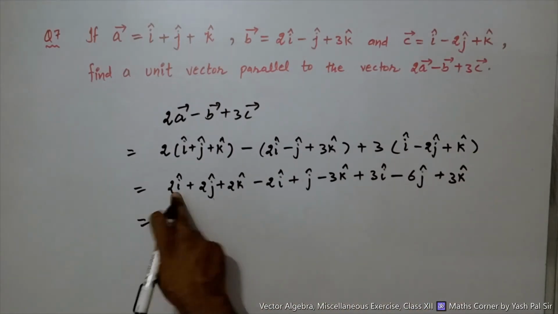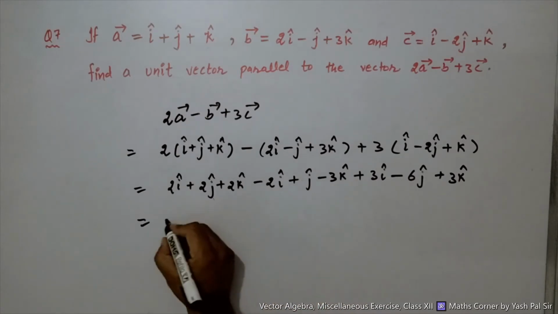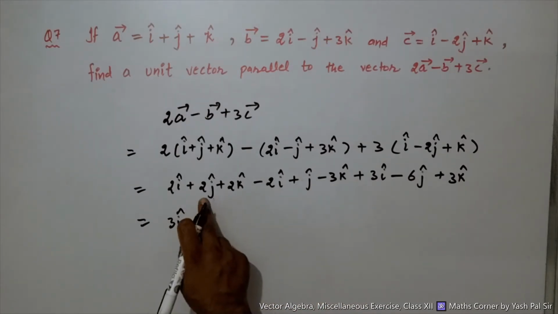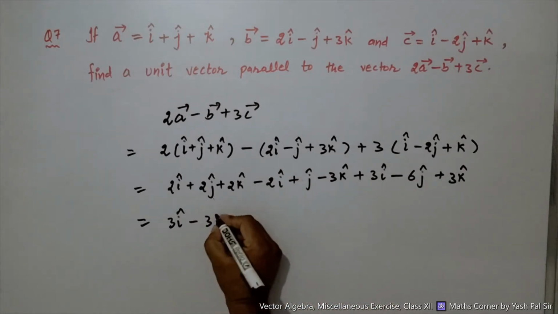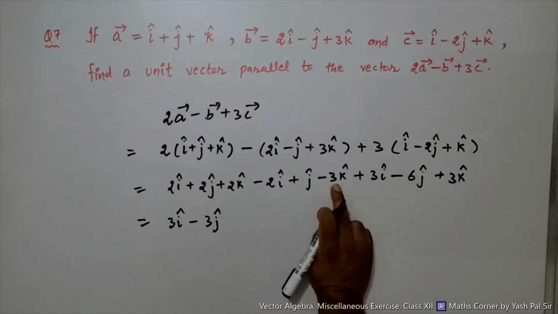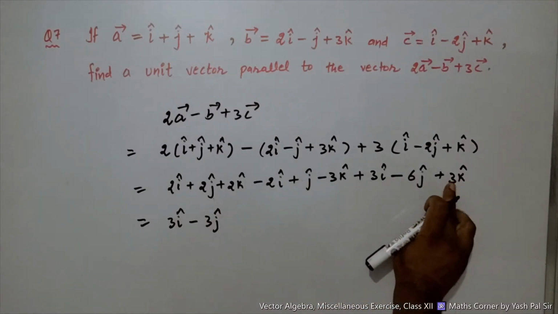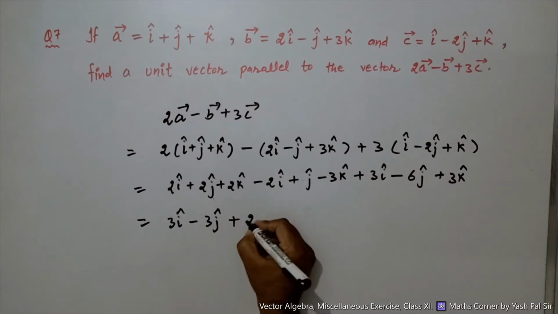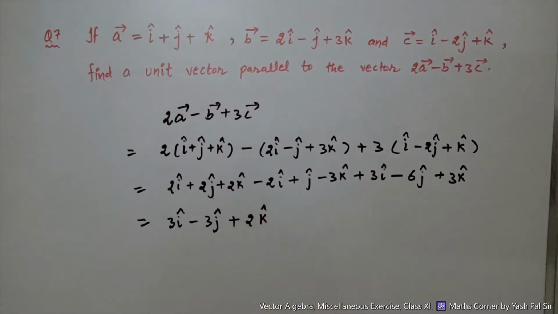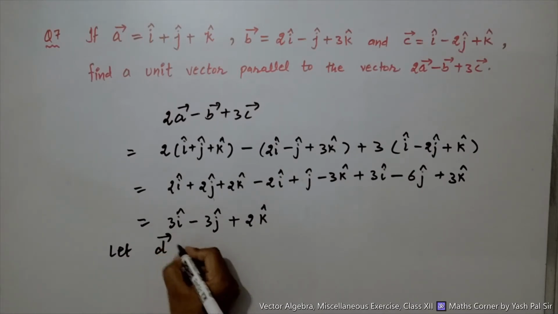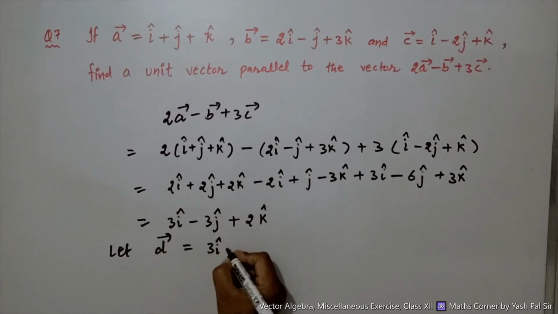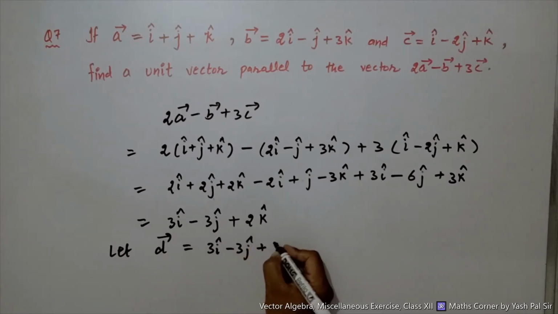So this becomes 2i cancelled, 3i, 2j plus 1j, 3j minus 6j, minus 3j, 2k minus 3k plus 3k, this becomes plus 2k, right? So find a unit vector parallel to this vector. So let the name of this vector be d. Vector d is equal to 3i minus 3j plus 2k, right?